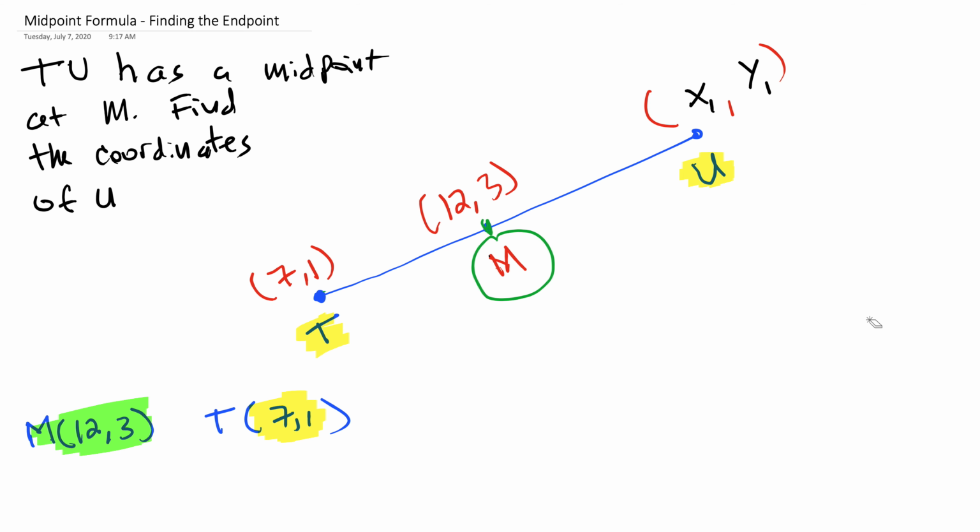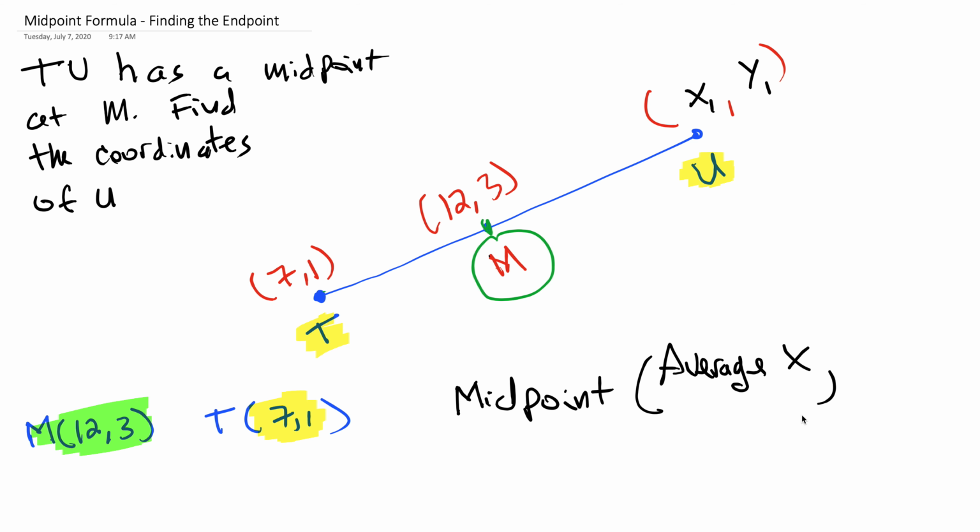So how do we find the midpoint again? What's that formula for the midpoint? Midpoint is the average x, comma, average y.